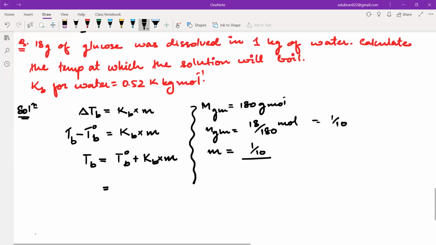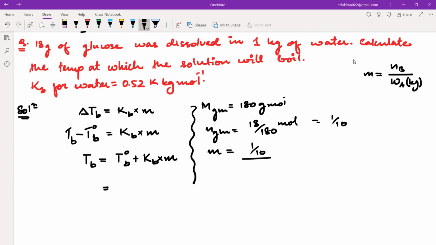Molality is equal to number of moles of solute divided by mass in kilogram of solvent.